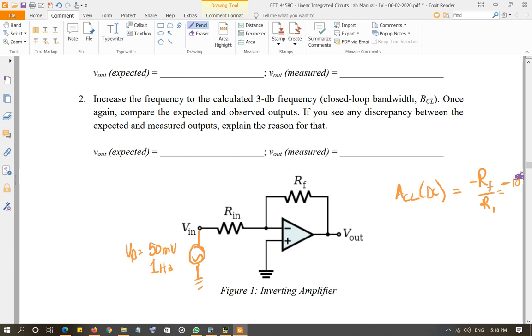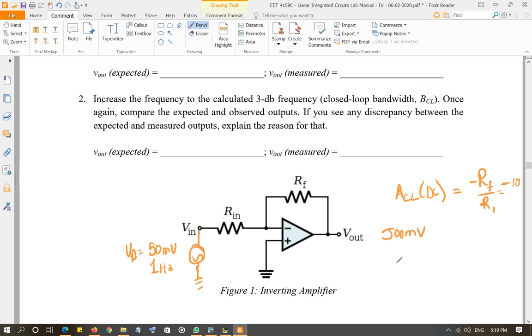Negative, of course, because the output is 180 degrees out of phase with respect to the input. So at a smaller frequency, 1 Hertz, the output will be 50 millivolt times 10, or 500 millivolt magnitude, right? The peak value will be 500 millivolt, positive peak and negative peak.